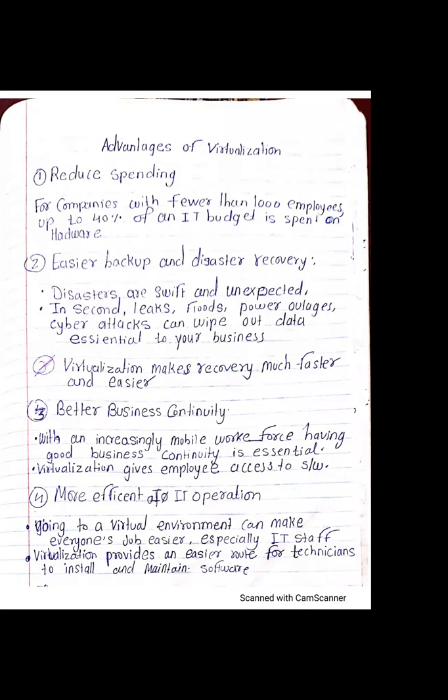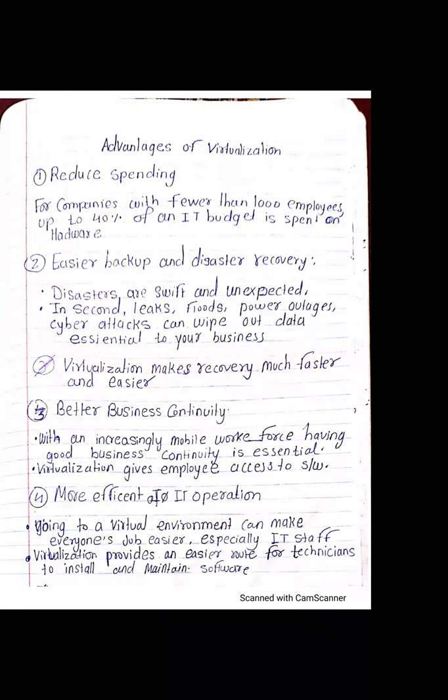So in a big IT company, there is a big headache: maintaining the device hardware and all. This is a big headache for IT staff. If you are using virtualization, they require fewer servers and extend the lifespan of existing hardware. This also means reduced energy cost.